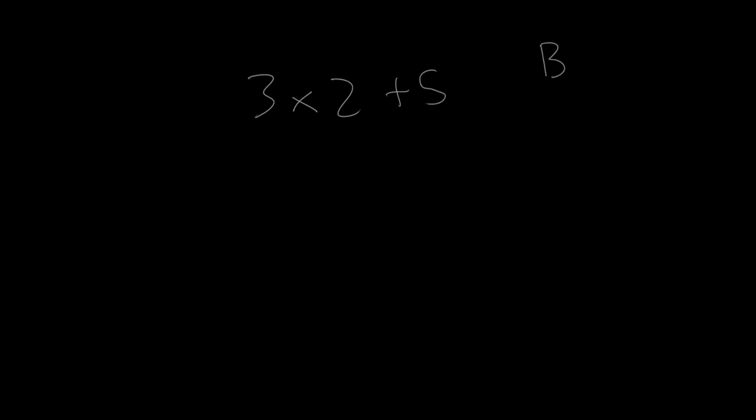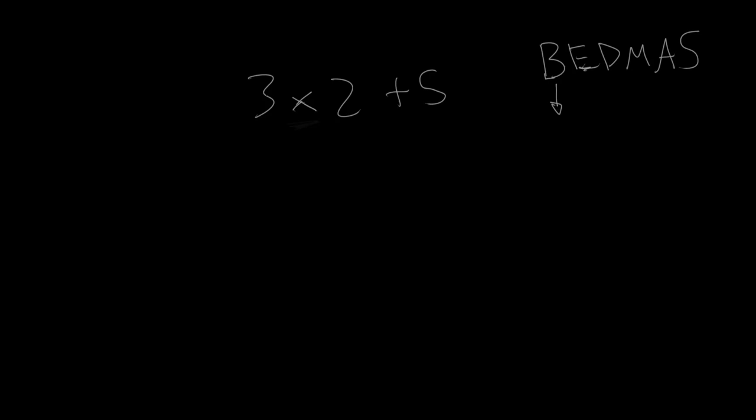So we had 3 times 2 plus 5. And let's just write our acronym again. BEDMAS. So if we follow this acronym, let's start with B. Brackets. Do we have any brackets? No. E, exponents. There are no exponents. D, division. No division. M, multiplication. Hey, there is a multiplication sign, right? So we have to deal with this multiplication before anything else.